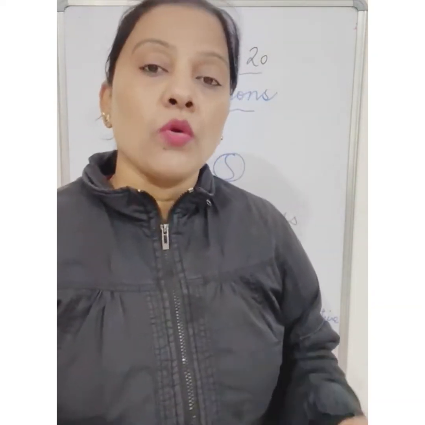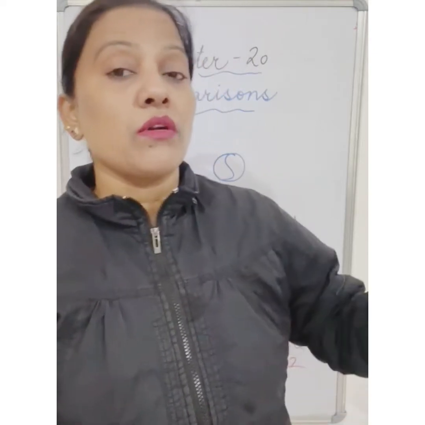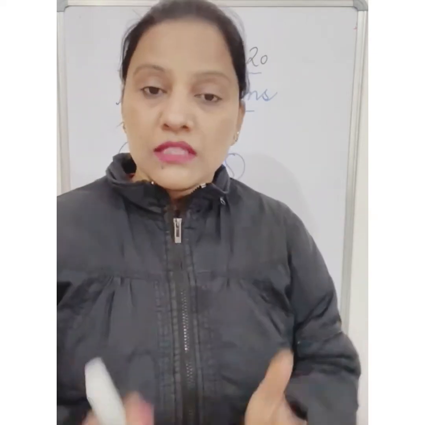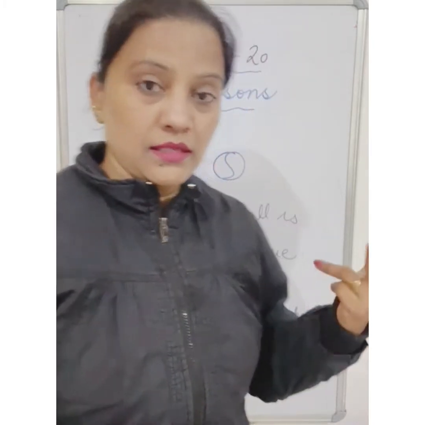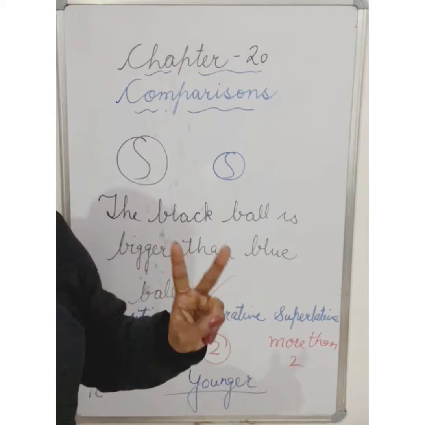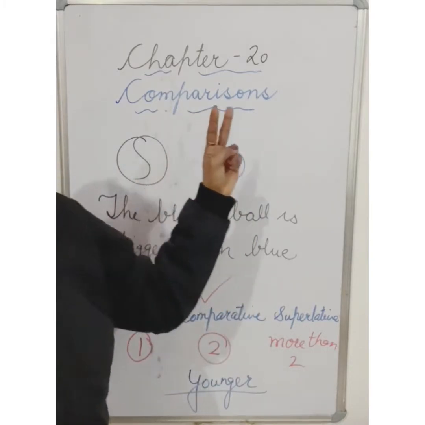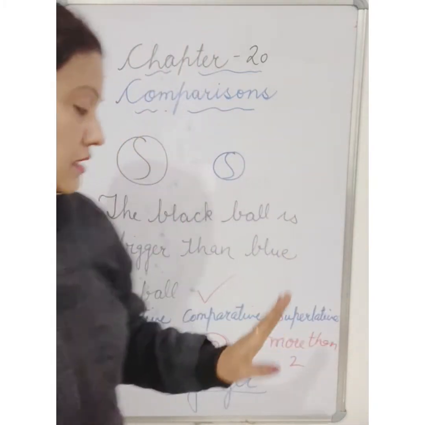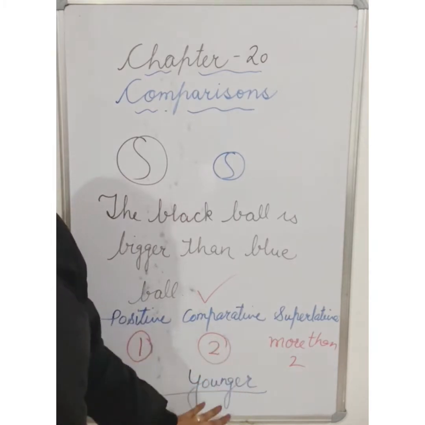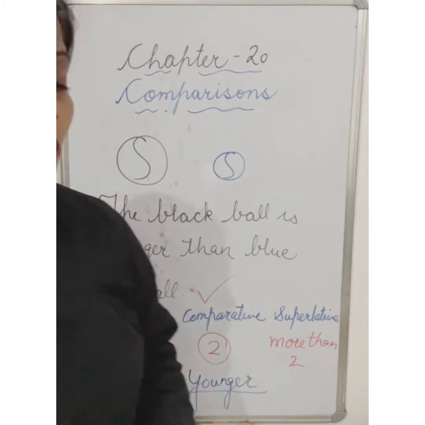There are some words where we don't use er, there we use more. This building is more beautiful than that building. So there are some words with which we use more in the second degree when we are comparing any two things. So in this chapter we will read about the second degree, comparative degree, and there we will use er and more.